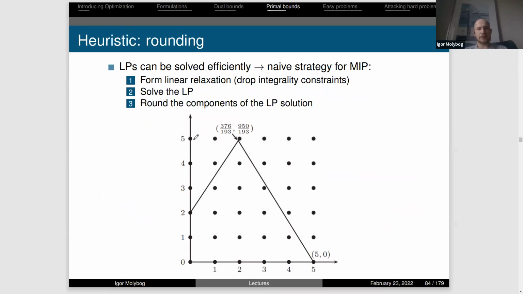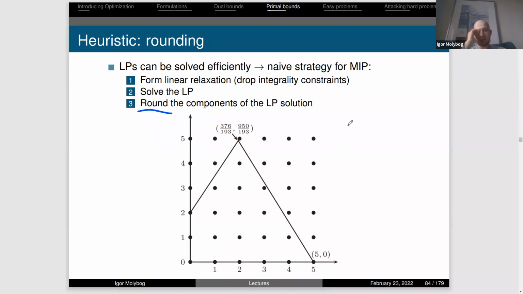So the first very simple heuristic that you can think about is to come up with a relaxation and then solve it, and then do a projection onto the space of integral vectors, for example, by applying rounding.